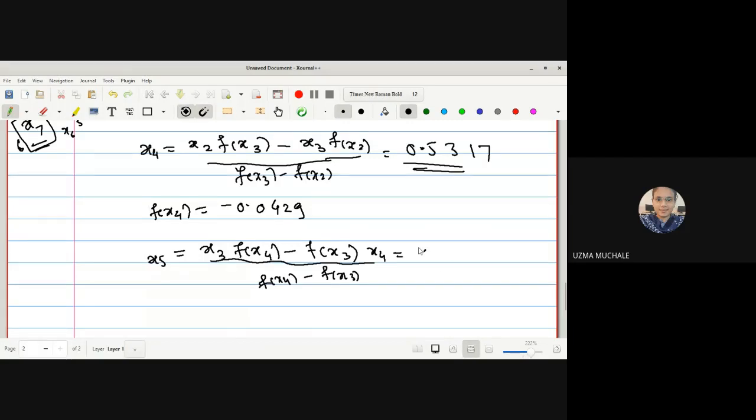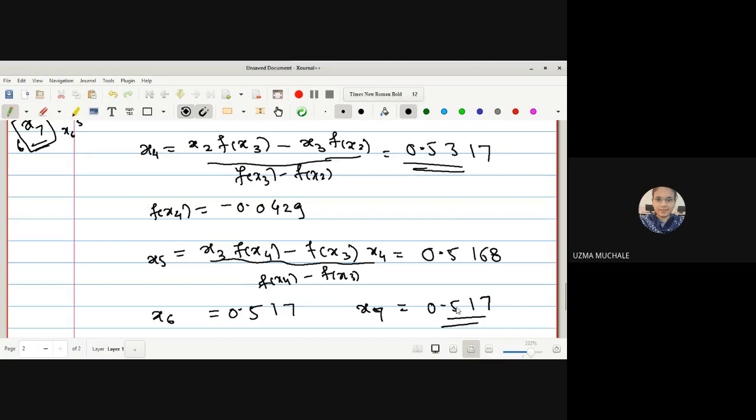Mahima told the answer that it is 0.5168. Okay. Similarly, calculate x6, which will be near about 0.517, and x7 will be also 0.517.